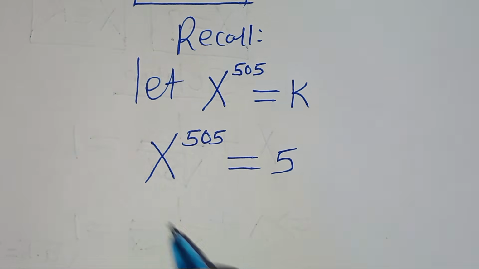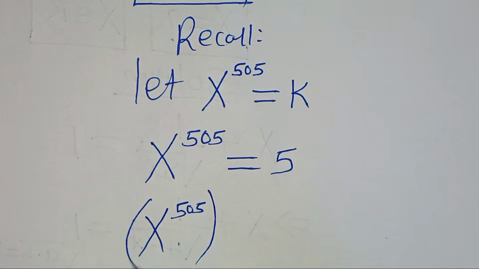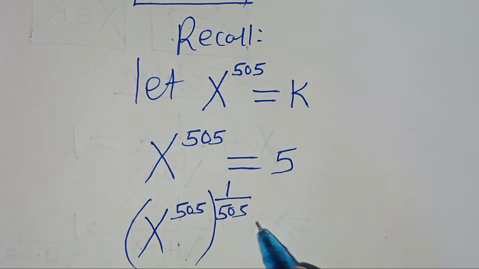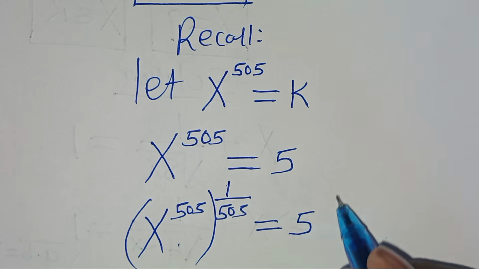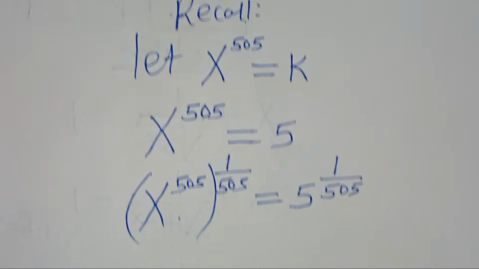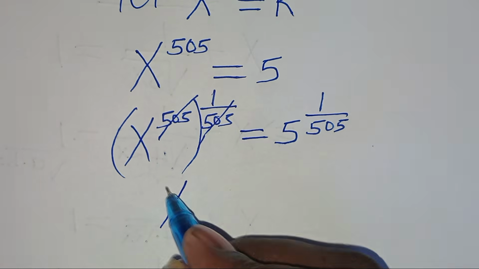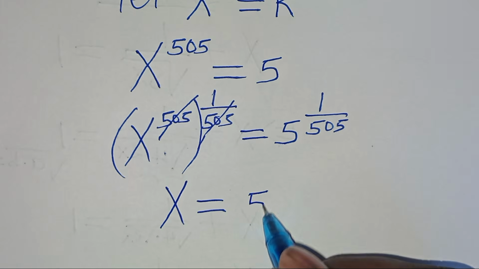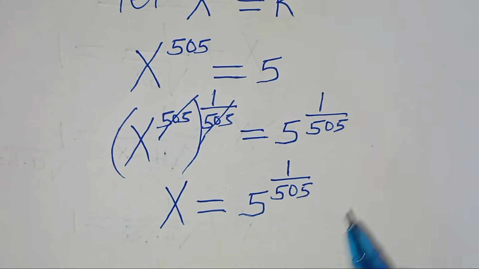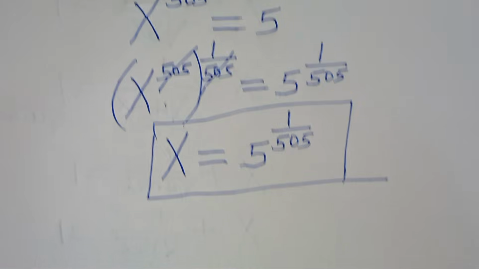Now, to solve for the value of x here, let's raise both sides to the power of 1 over 505. This is equal to 5 raised to the power of 1 over 505. So we can simplify so that now x is equal to 5 raised to the power of 1 over 505. So this is the value of x.